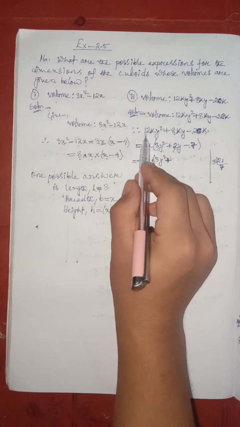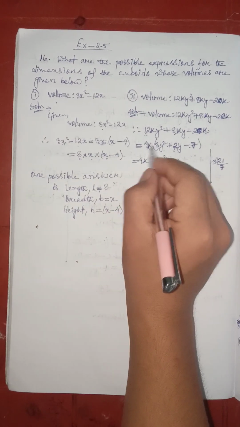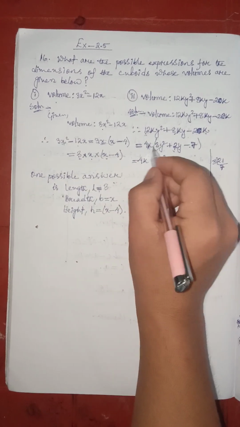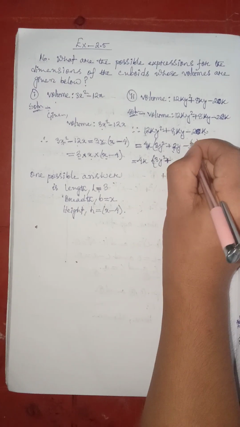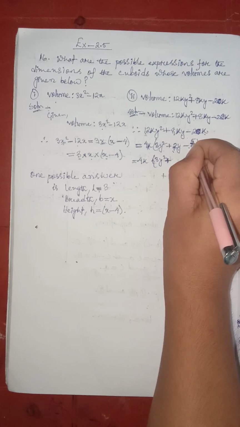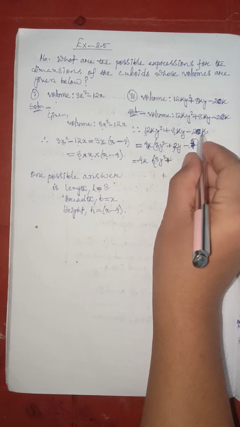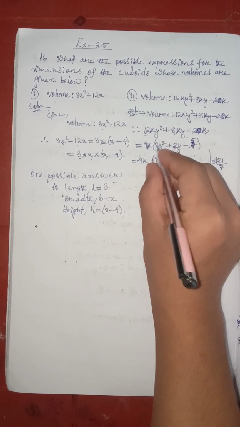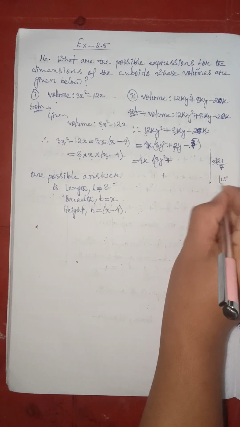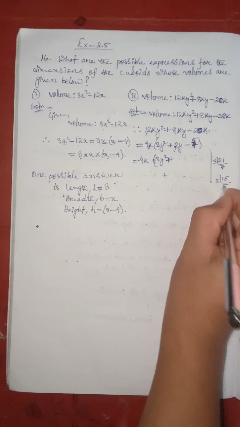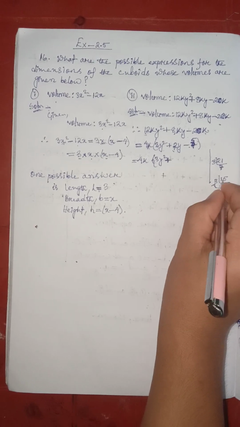Now let us try to take common. 4 times 3 will give you 12, and 4 times 2, and 4k times 5. It will be 5. If it is 5, then it is 20k. Then 5 times 3 will give you how much? 15, right? And 3 times 5, you multiply this, then you will get 15.